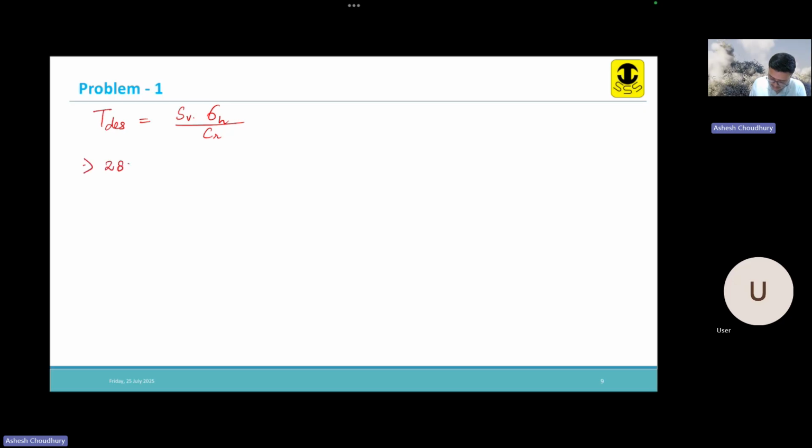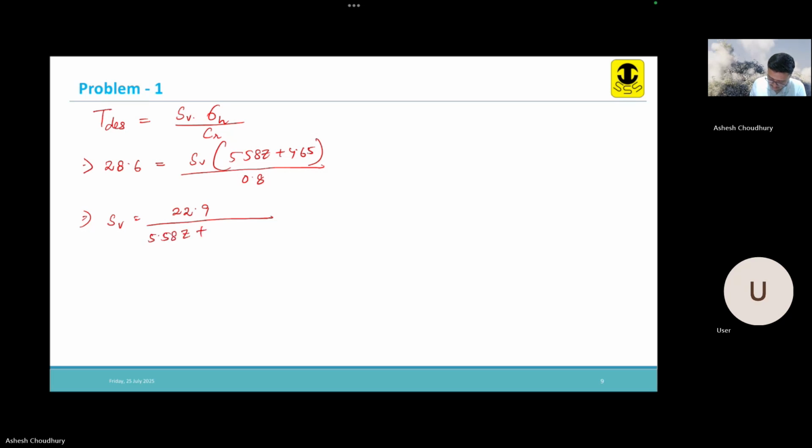So the design is 20.6, S_V times sigma H. Okay, so this is the expression for my vertical spacing, which is again a function of Z. Yesterday also we saw a similar thing, so today also the same thing. Again, let us just check.